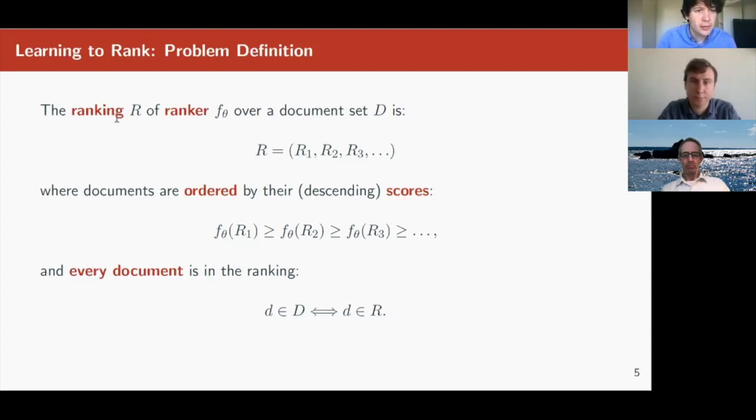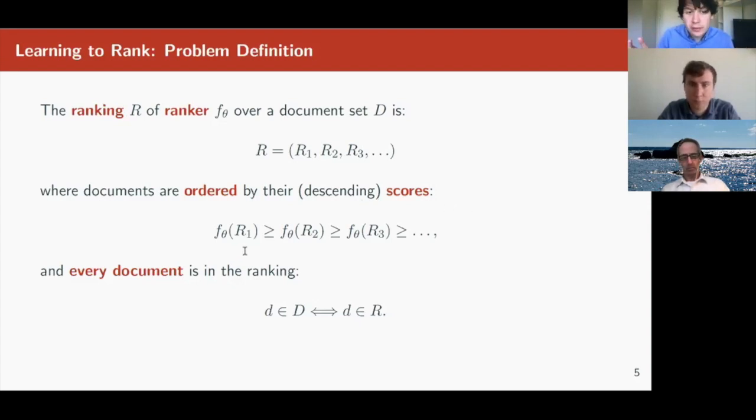And we'll call R a ranking, which is just the sorted set or the ranked set of documents according to this model. So the model will decide what the ordering is. So R is just an ordered set where R1, R2, R3 are all documents at different ranks. And we're going to sort them according to their descending scores.